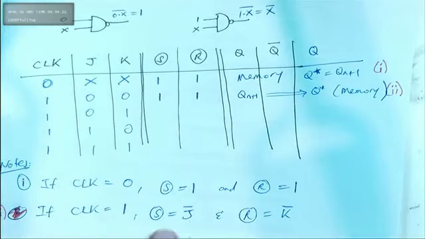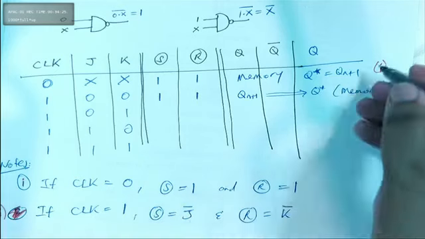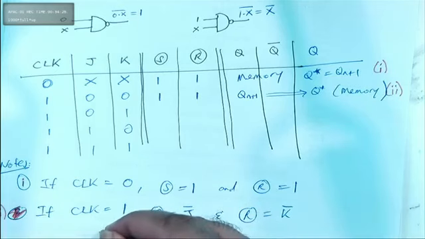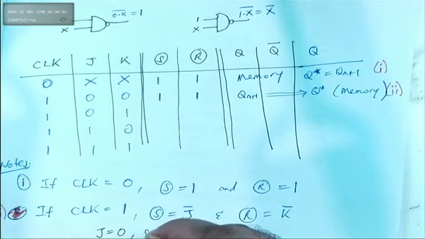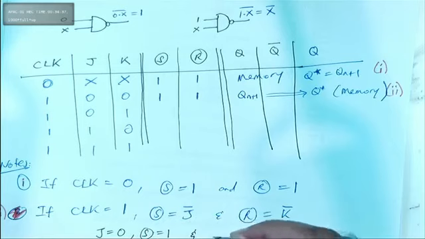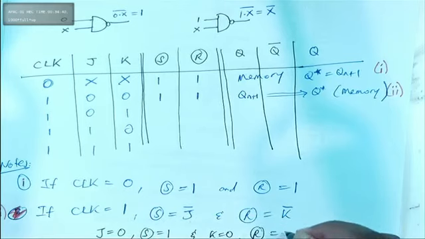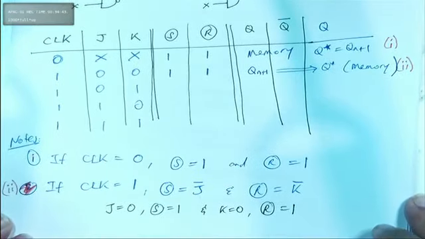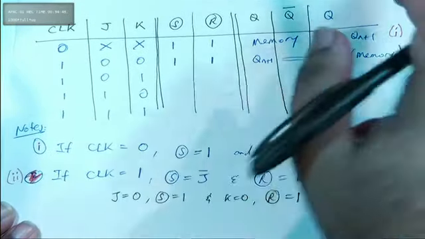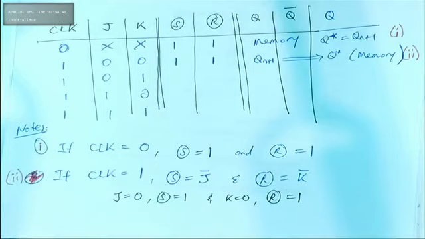If clock is 1, remember, for number 2, J is equal to 0, therefore S circle will equal 1, and K is equal to 0, therefore R circle will equal 1. Set. So everyone's happy. Now comes the complicated part.